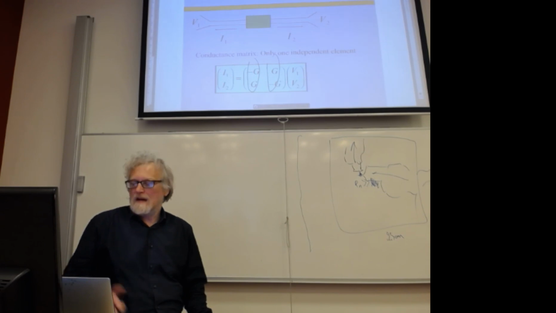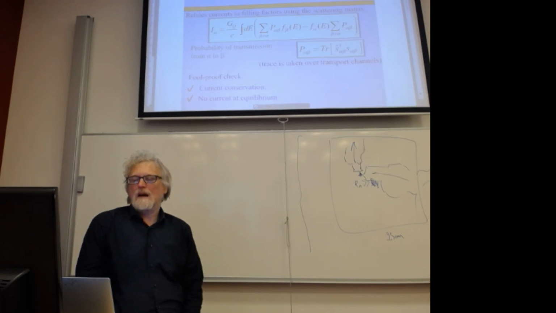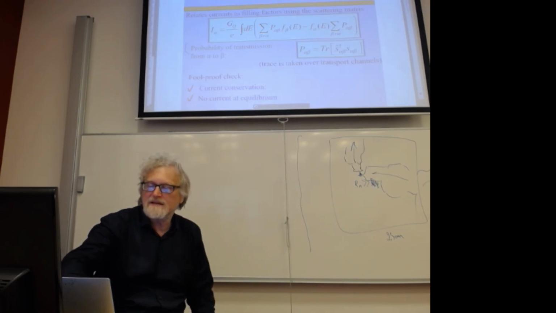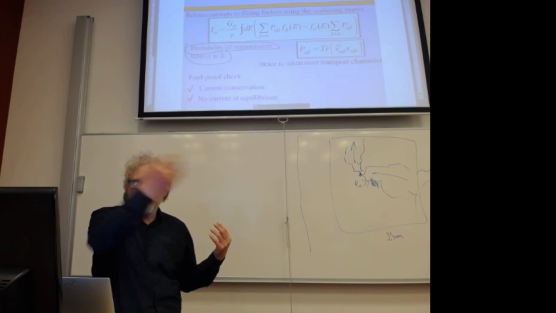Fine. Let us move to Landauer formula. And let's try to keep it as simple as possible. Let me just talk about probabilities of transmission. In two-terminal setup, we only have one probability.